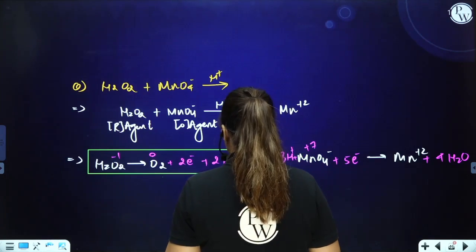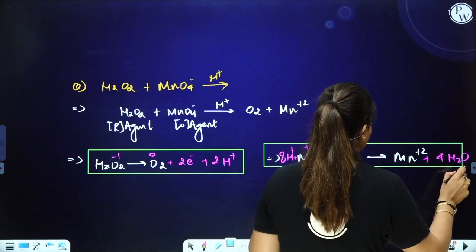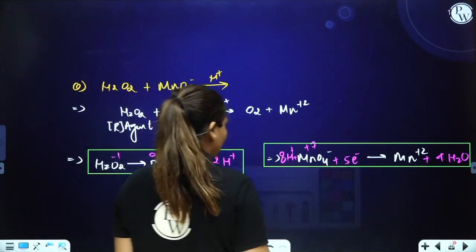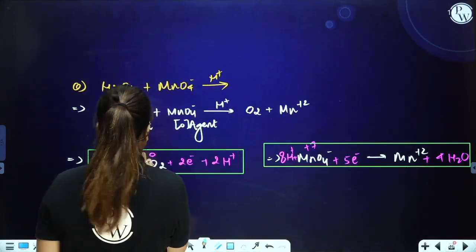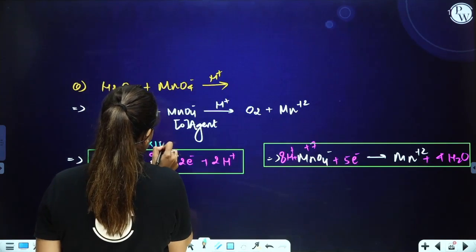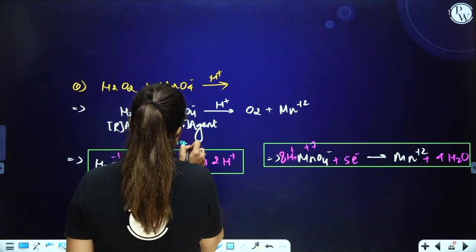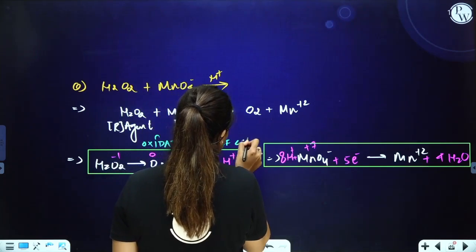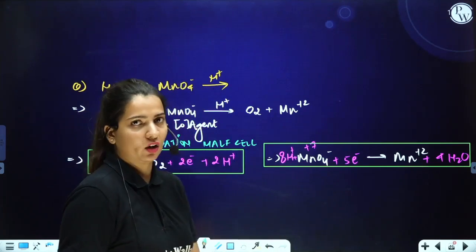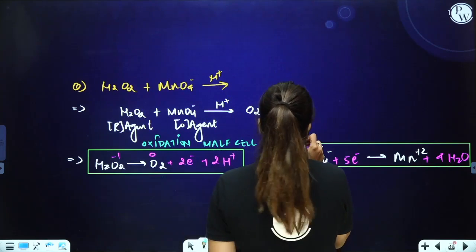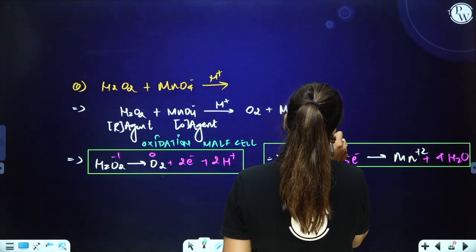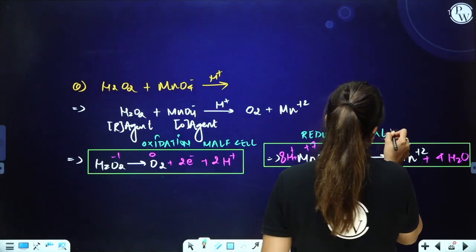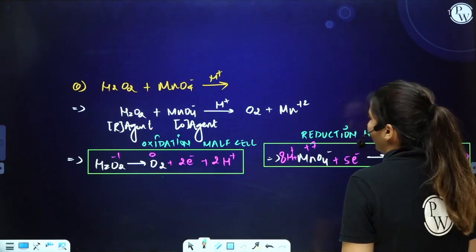So both of these reactions are balanced. This will be called the oxidation half cell, because you discuss all of these things in the redox chapter. And this is considered the reduction half cell, RHC and OHC.